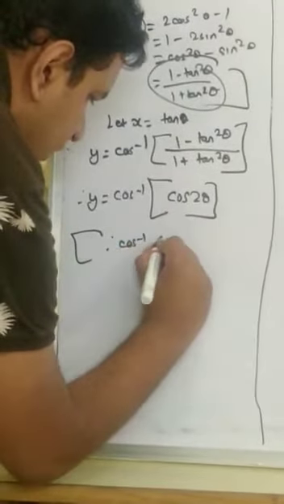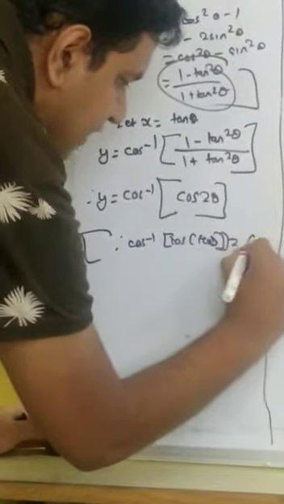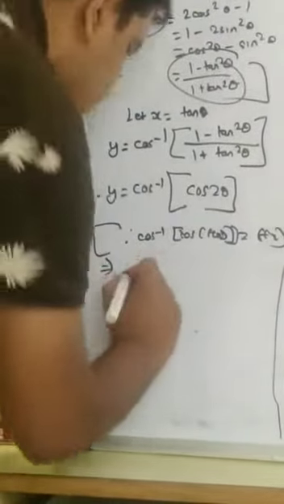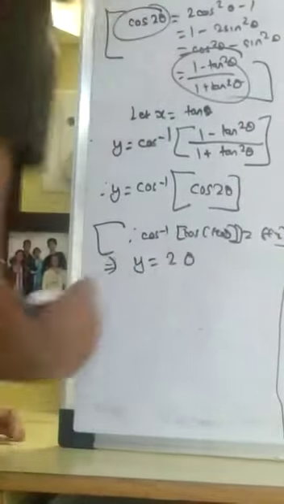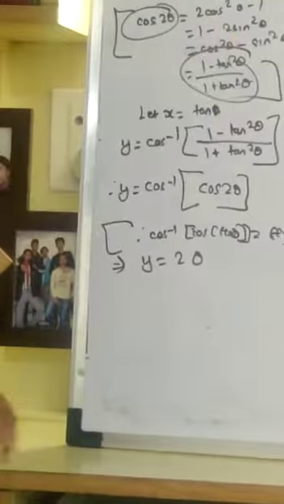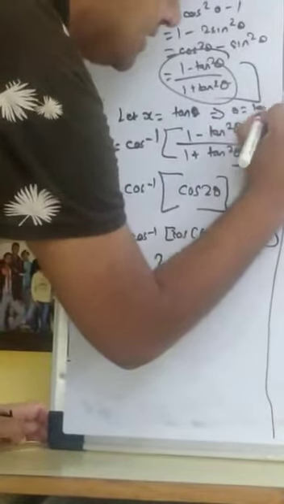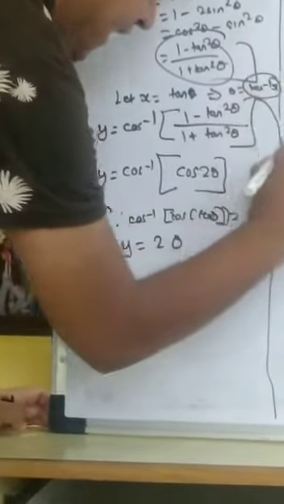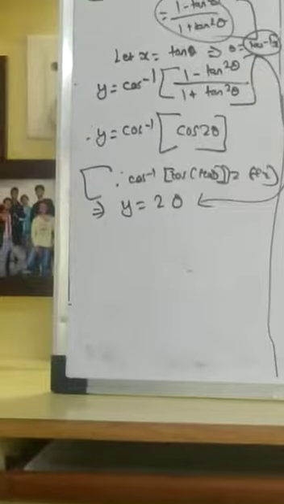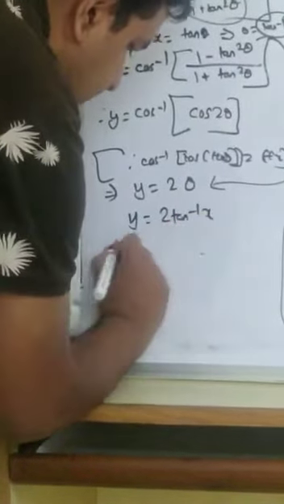Now cos inverse of cos of any function is the function itself. So cos inverse of cos 2 theta becomes 2 theta. Also, earlier we saw the logic here: if x is equal to tan theta, what is theta? Theta is nothing but tan inverse x. That I'll substitute in y is equal to 2 theta. So y becomes 2 tan inverse x.